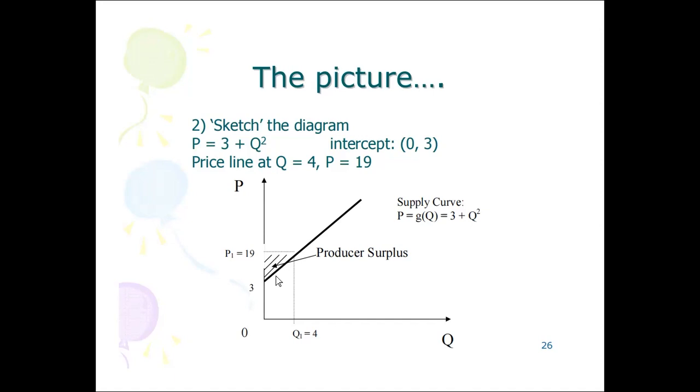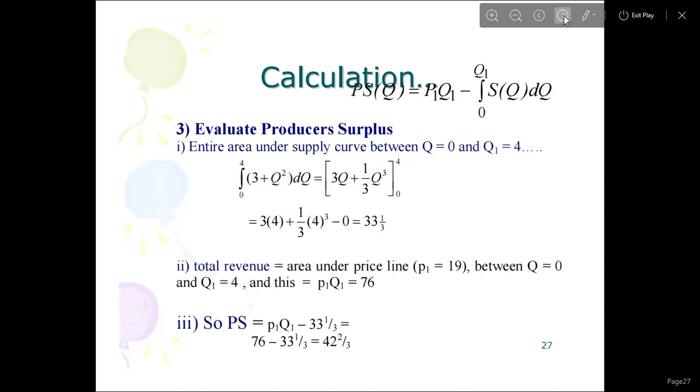and the intercept line. We can draw the line of the supply curve. So the supply curve, we are given 3 plus Q square. Okay, this is the supply curve. So this is the producer surplus because this area lies under the price line. Okay, so now we can evaluate the producer surplus by using the supply function, using the same formula we have solved.